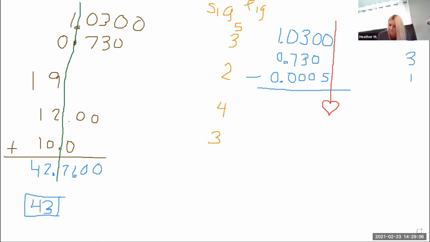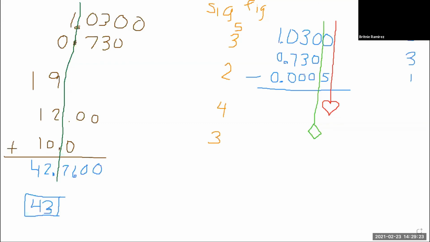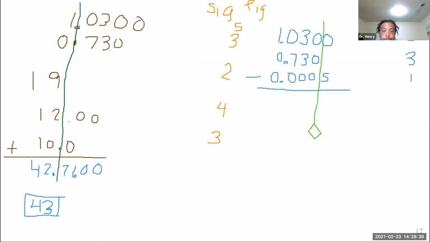After the 0 on the right. And the last one's already there, it's the red one, right? So which line are we going to use? The line on the left, heart or diamonds? Diamonds.